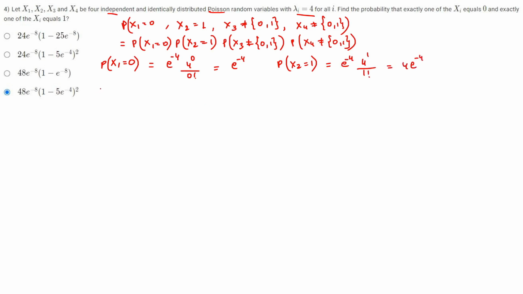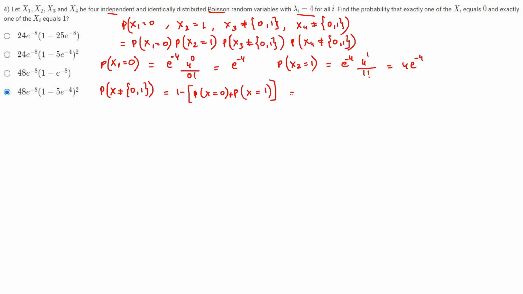And now, what is the probability of, let's say I randomly take x, which is not equal to 0, 1, which is nothing but 1 minus the probability of x is equal to 0 plus the probability of x is equal to 1, right?